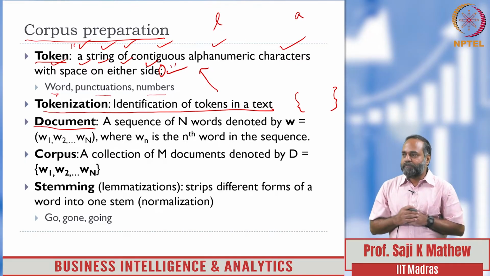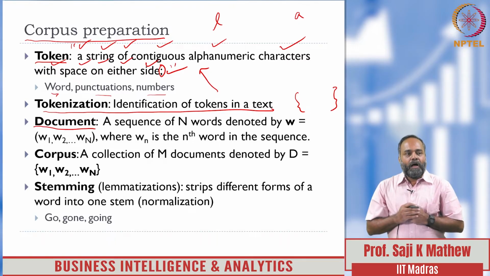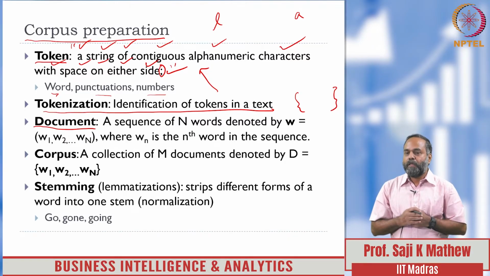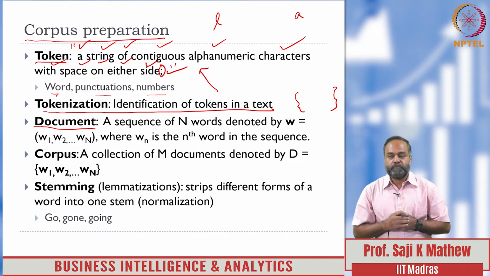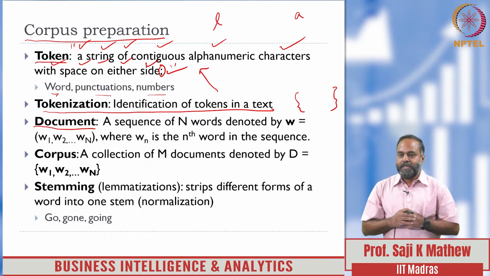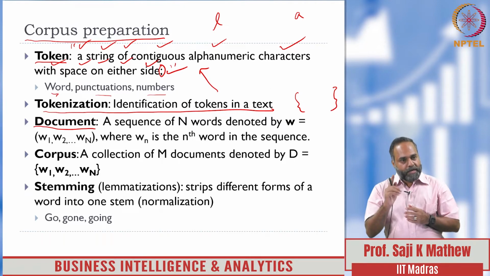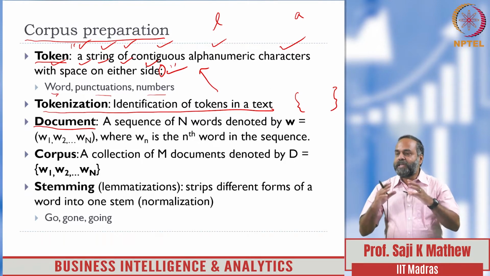For example, your textbook has 16 chapters, assume there are 16 chapters. What is the document in that book? Is the entire book a document? We can think it that way. You can consider it that way if you are analyzing a lot of books.